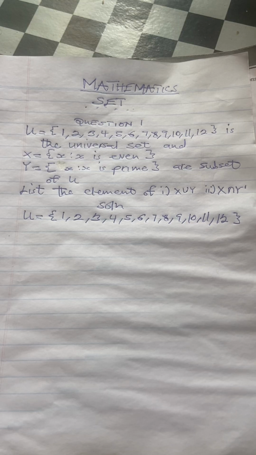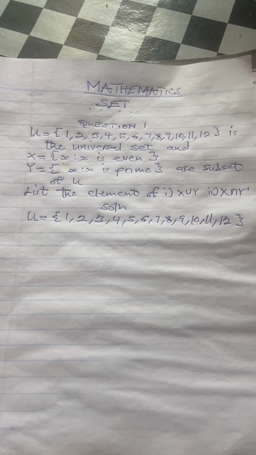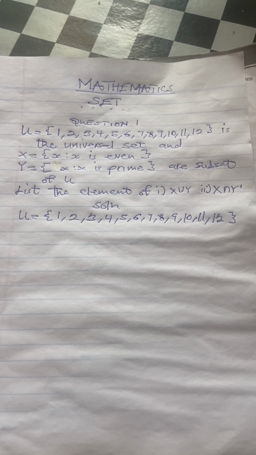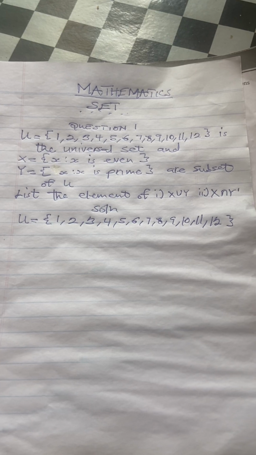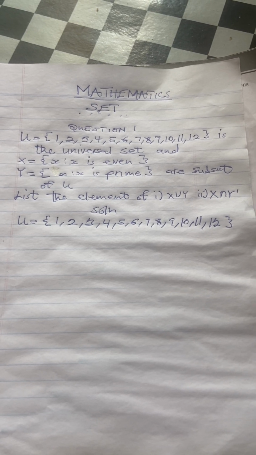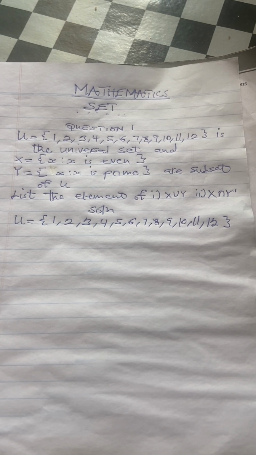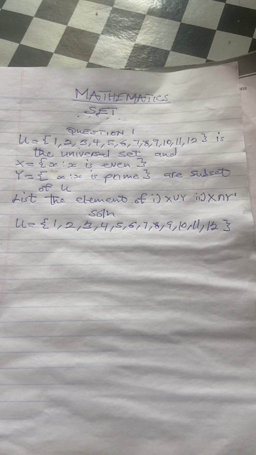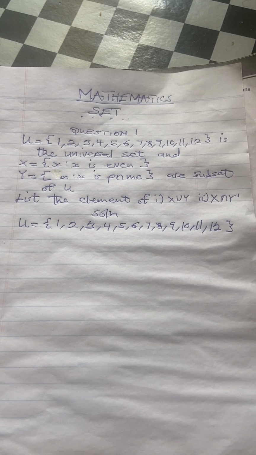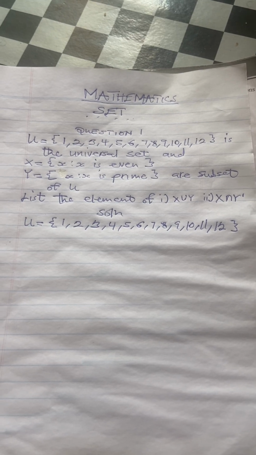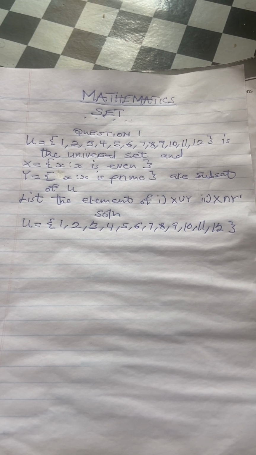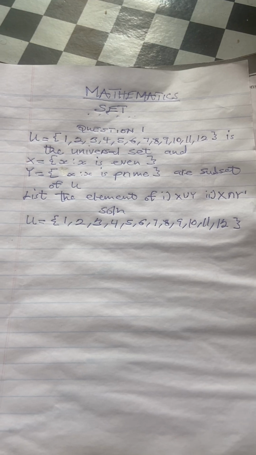So after you have written the universal set, then X is equal to {x: x is even}. So you write that one as well: even numbers in the universal set. And you know that even numbers are numbers that are divisible by 2 without remainder. So if it is divided by 2, there will be no remainder.